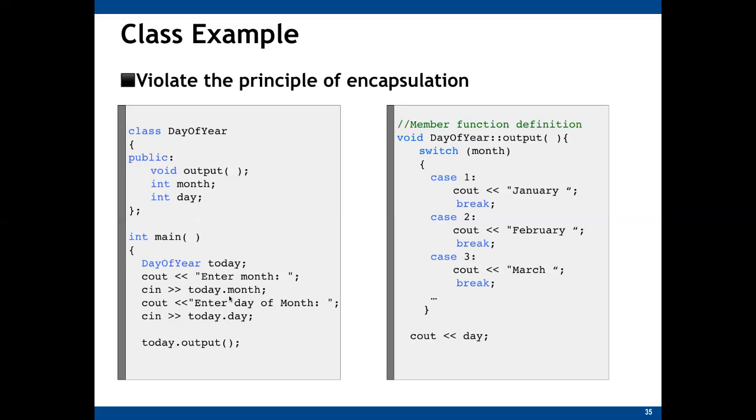And it does not abstract operations of these objects. The programmer must know the implementation details of these output functions to use this day of year class in the correct way. So this is a bad design of a class. So let's fix this class.